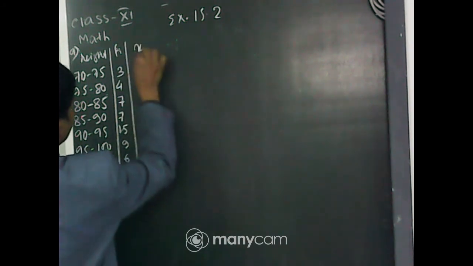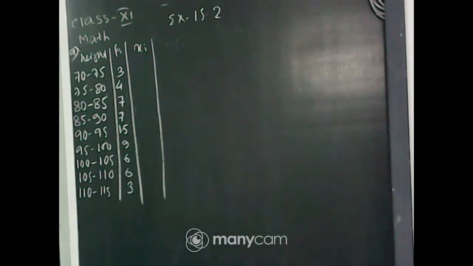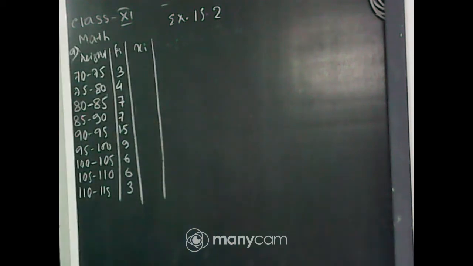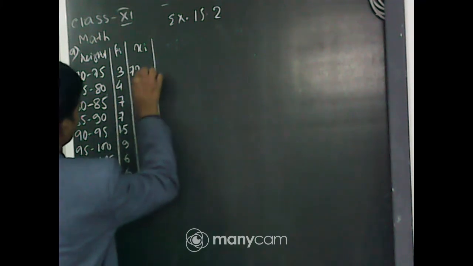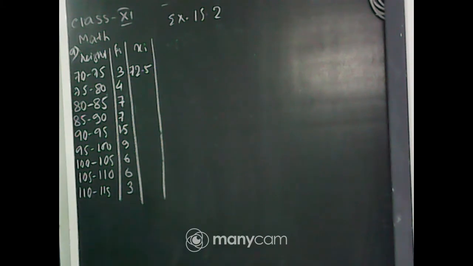Now let's find the class mark of each interval. The class mark of the interval 70 to 75 is 72.5, and the class mark of the interval 75 to 80 is 77.5.